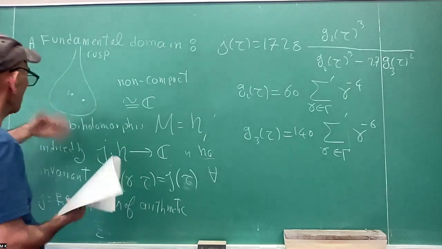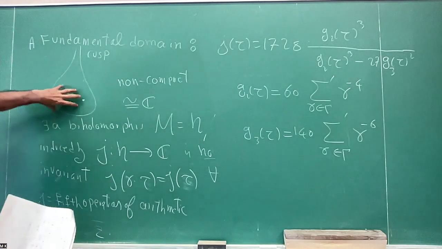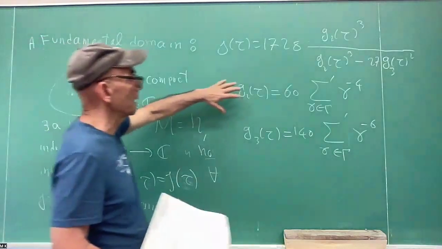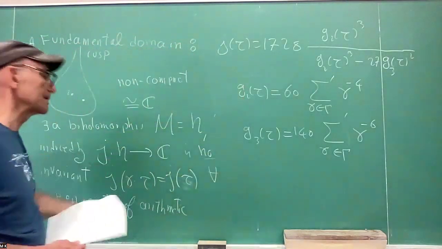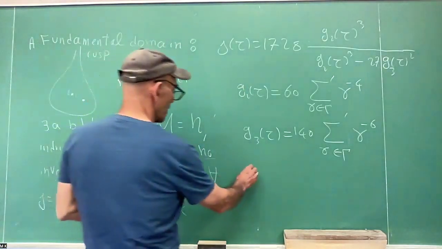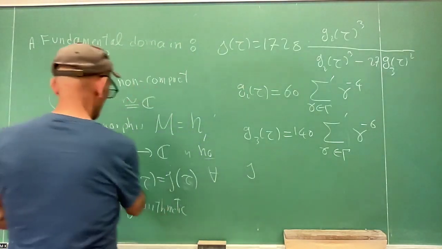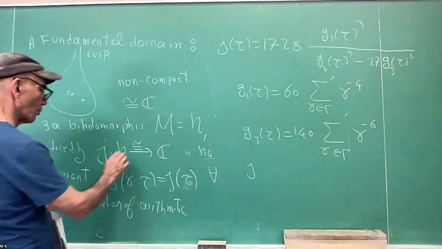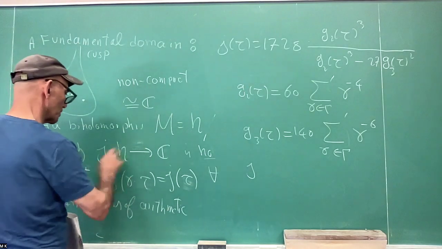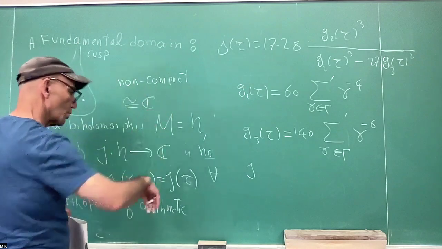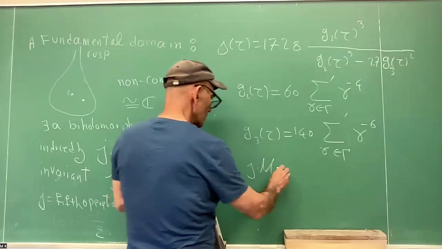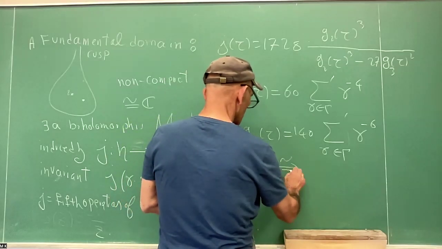There is no singularity, nothing, and it gives you a biholomorphism between this upper half plane quotient and C. So J goes from here to there, but on the quotient it gives us an isomorphism between this and C.